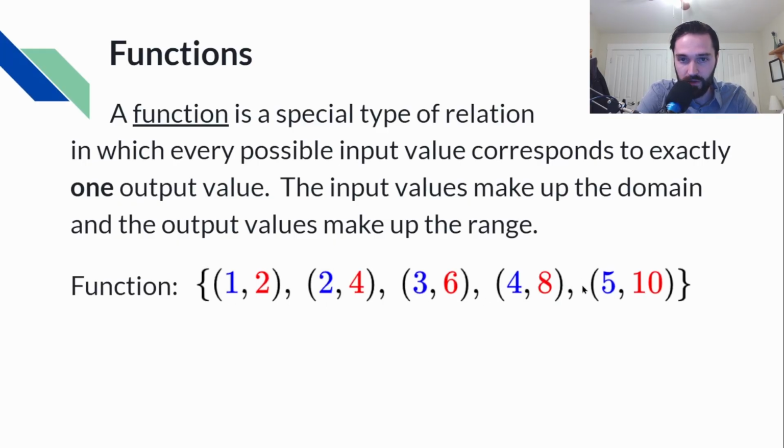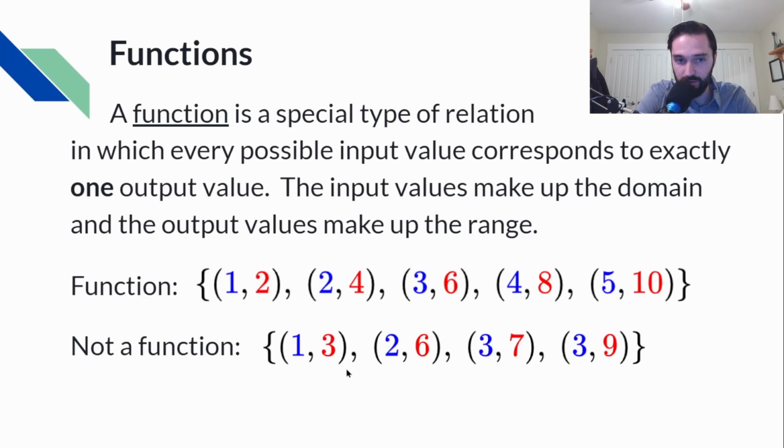So the example from the previous screen is an example of a function, because every input corresponds to exactly one output. This example would not be a function, because of these threes here. 3 is associated with two different outputs, 7 and 9, and that's not allowed in the function realm.